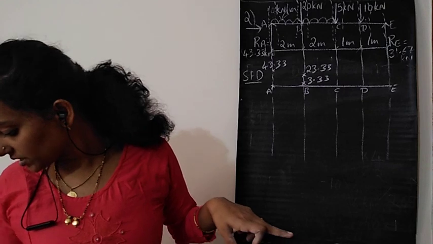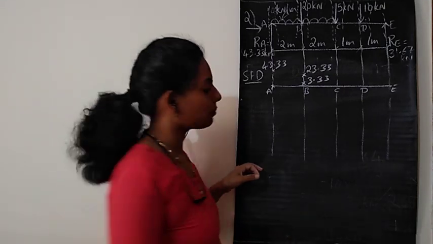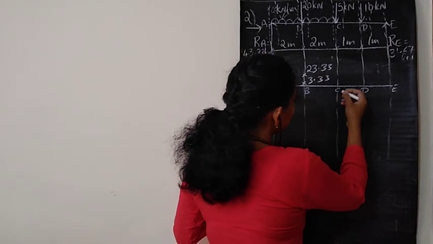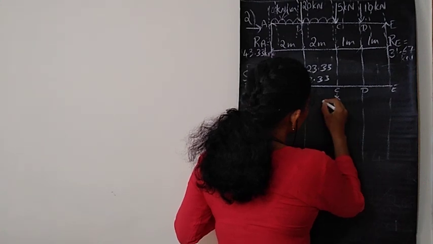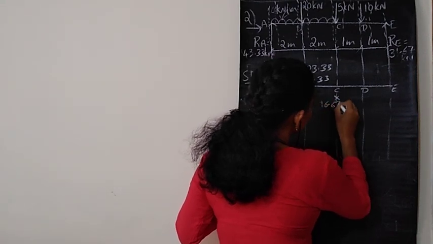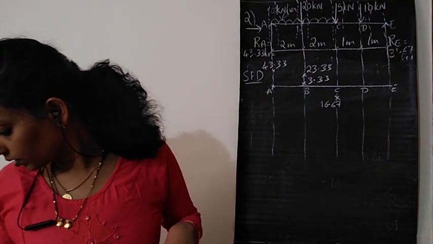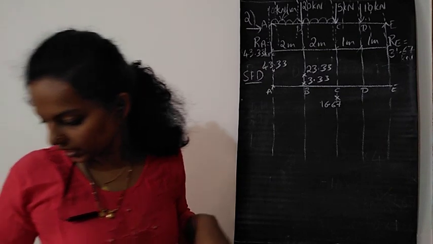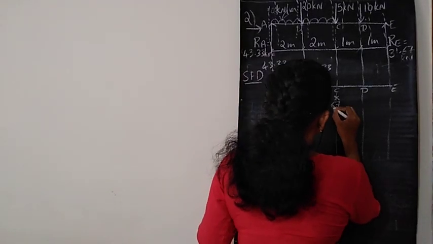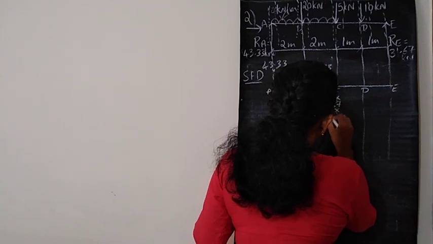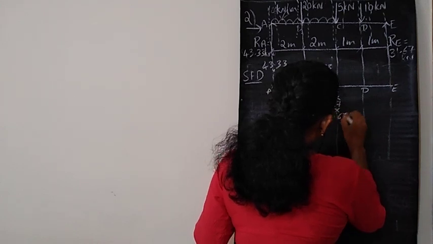Next, we'll come to point C. Left of C is minus 16.67. So below the line, minus 16.67. Again, right of C is minus 21.67.